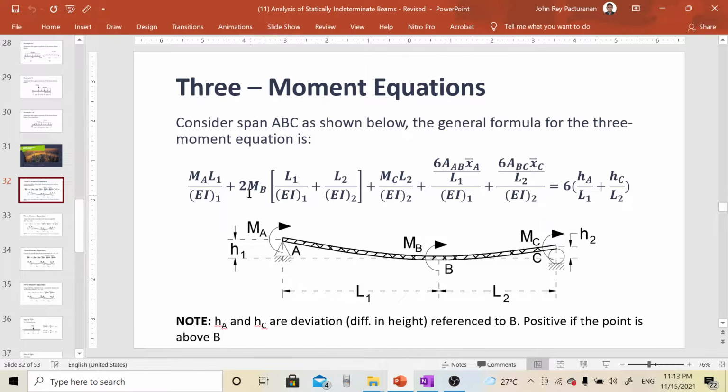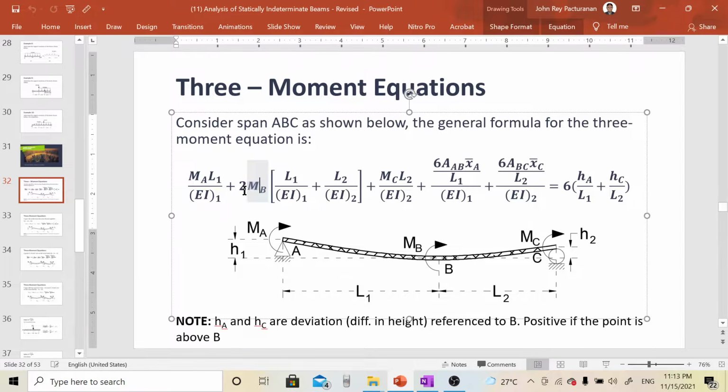So, ang mnemonics ko dyan, dahil nasa gitna siya, or dahil yung B is nasa gitna, I will just write it as 2. 'Di ba? So, tapos, L1 over EI1, then L2 over EI2. And of course, M_C L2 over EI2, then plus 6A_AB, centroid ng A over L1, all over EI1, tapos 6A_BC, centroid ng C over L2, then EI2.